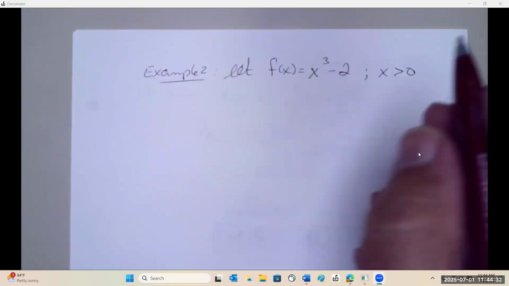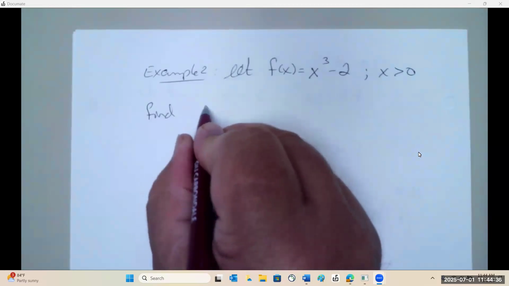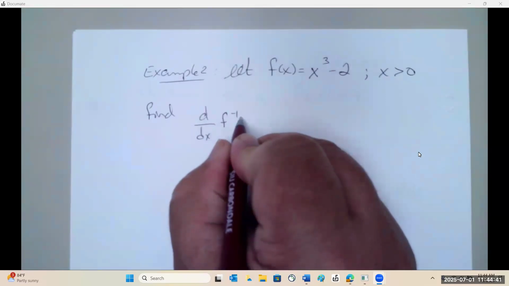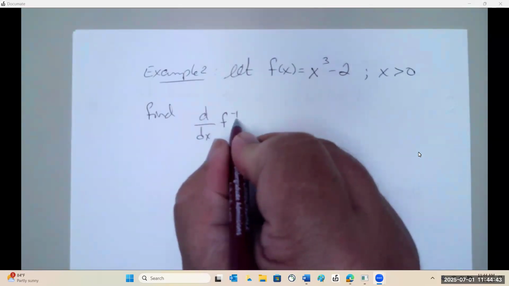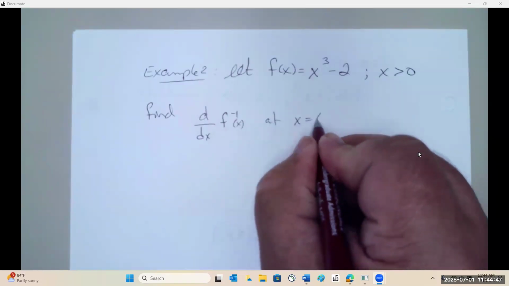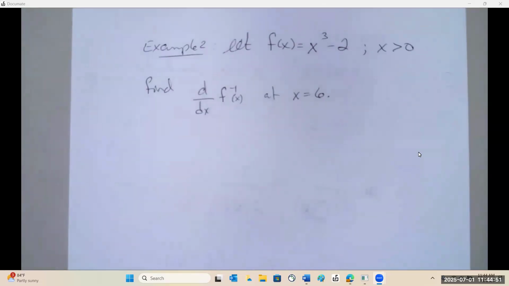Find the derivative of the inverse at x equals 6. Let's do it two ways. One, without using the formula for what we just found, and two, using the formula we just found.